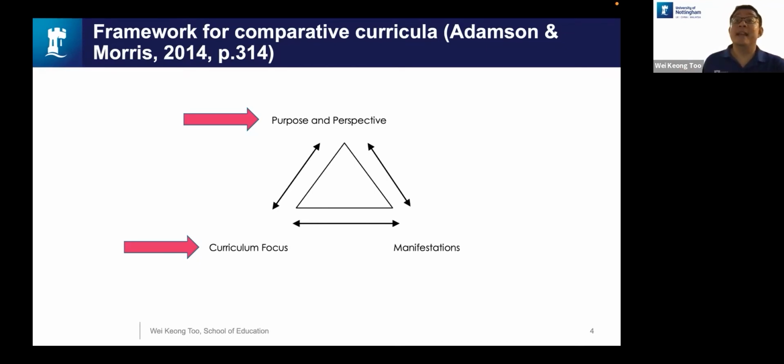Manifestation means that I need to carry out classroom observations or other observations which will allow me to make certain judgments or conclusions. Because I'm not able to carry out that part, for this study I'm focusing on purpose and perspective and curriculum focus.